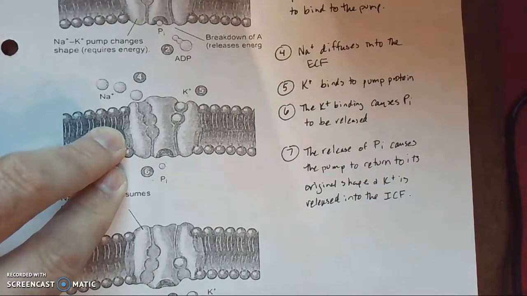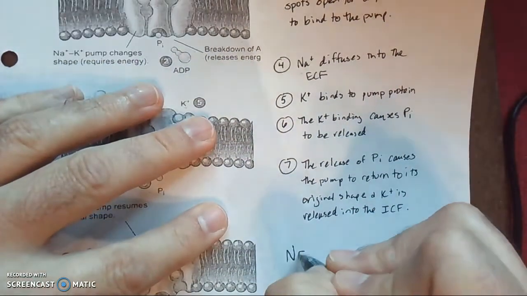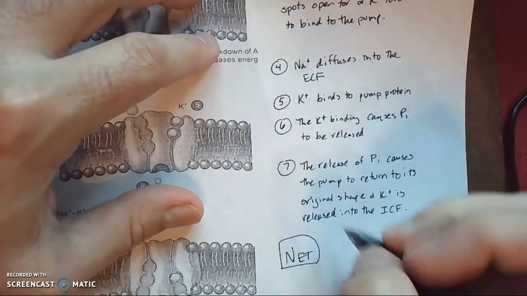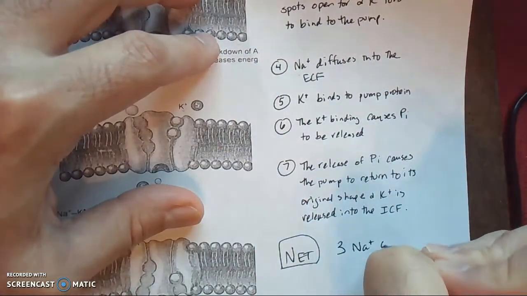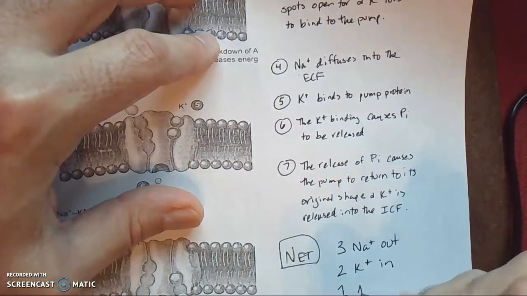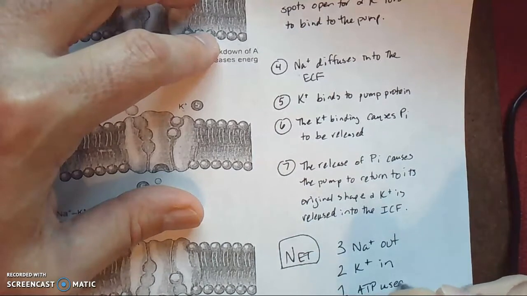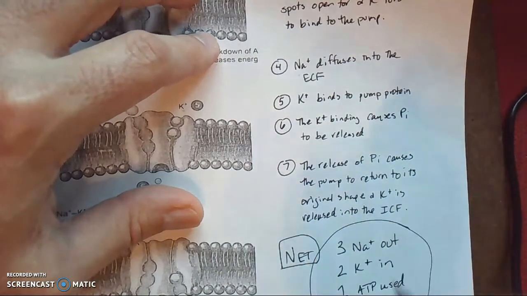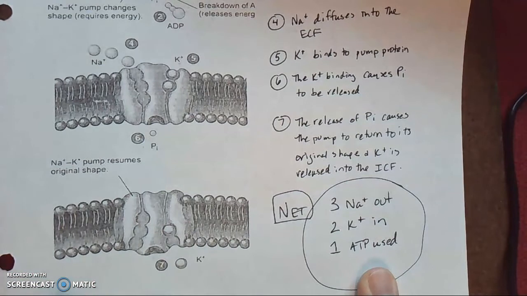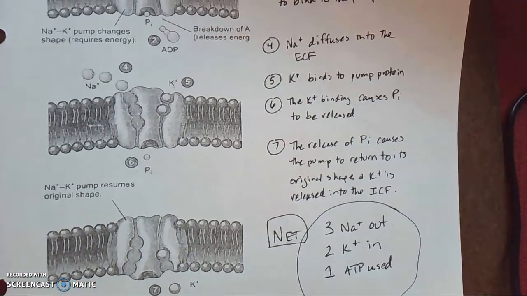And we'll talk about these more later, but our net function for this is 3 Na plus out, 2 K plus in, 1 ATP used. This is a 3-2-1. 3 sodiums out, 2 Ks in, 1 ATP used. That is the overall function of the sodium-potassium pump.